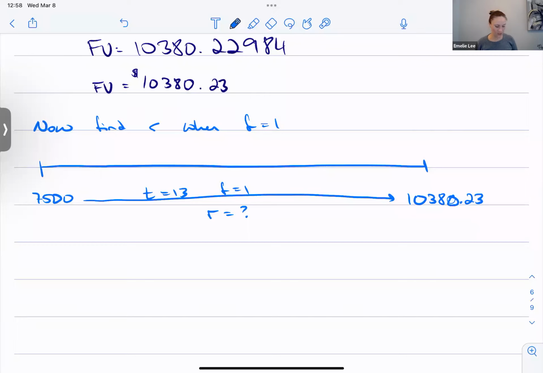So we can use the calculator for this if we want to. I'm going to use the formula so that you have it, and then you can check it with the calculator if you want to, right? Because you would be able to find I per Y, which is your R, right?